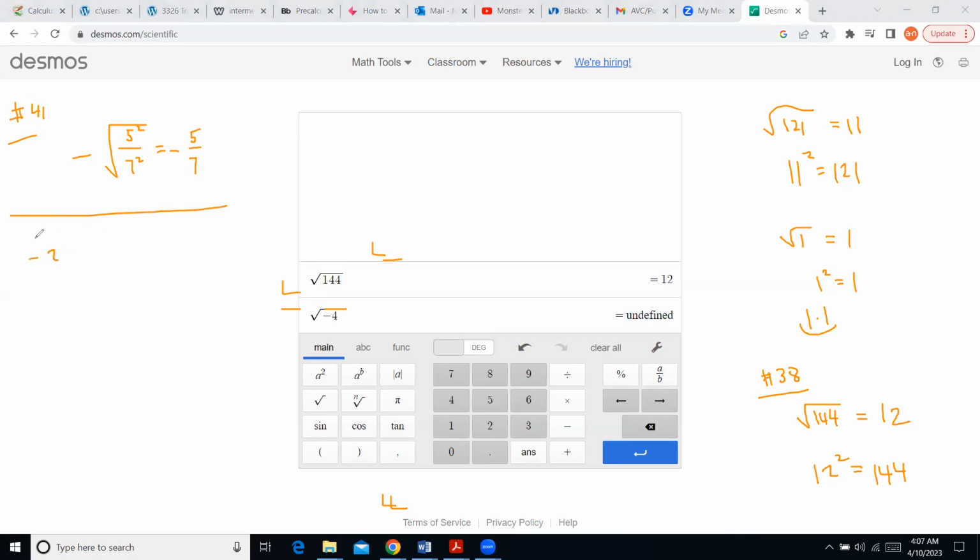If you take -2 squared, it's the same as multiplying -2 with the same exact -2. When I multiply those two numbers with each other, I get the positive number 4. So please notice that when I try to take the square root of -4, I can't. I could get positive 4, but not negative. The problem is the negative sign inside the square root that stops us from extracting that square root.